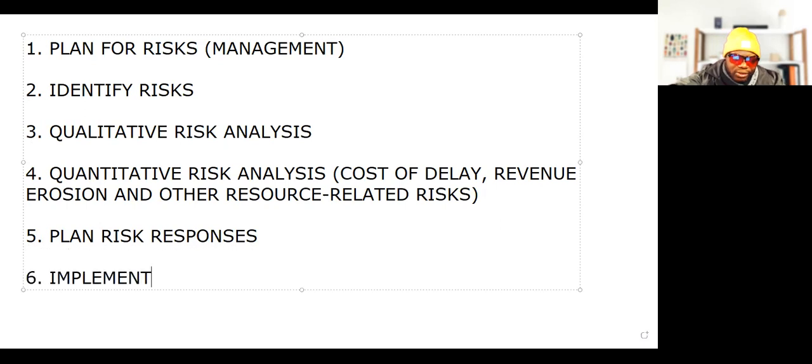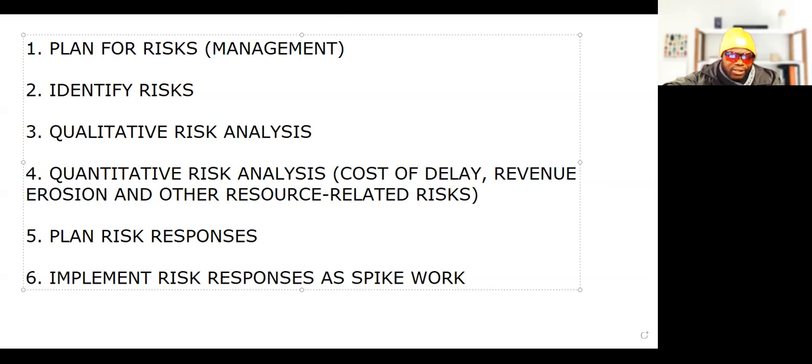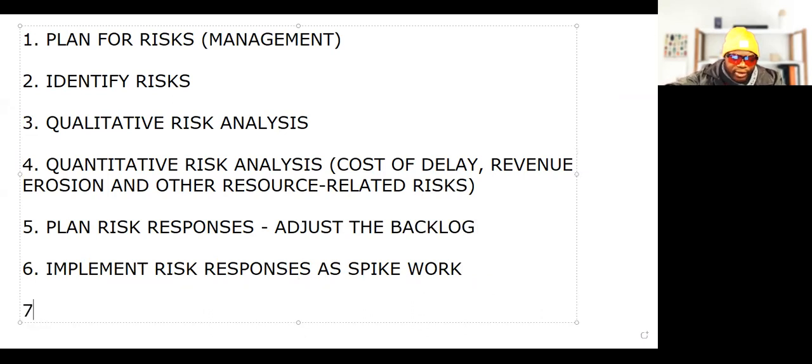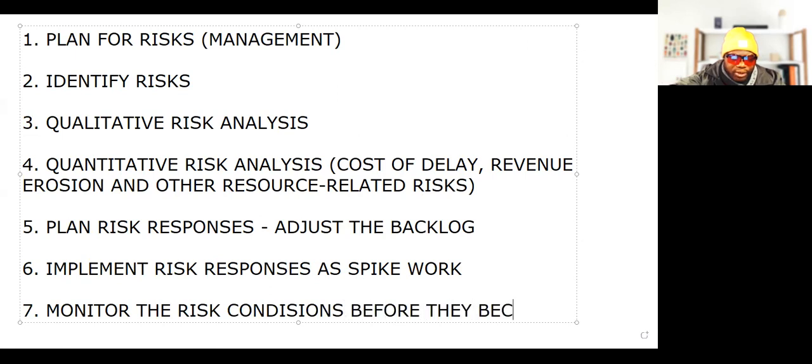Finally, implement the risk responses as spike work. When you have planned these responses, something else you should do is adjust the backlog. And lastly, as every good Agilist should do, monitor the risk conditions before they become impediments.